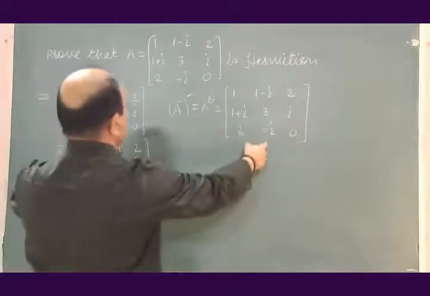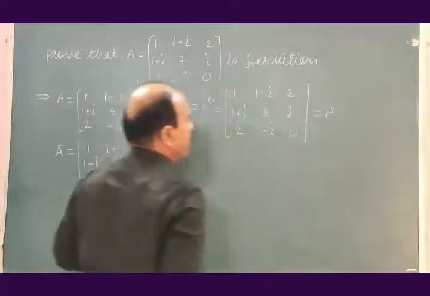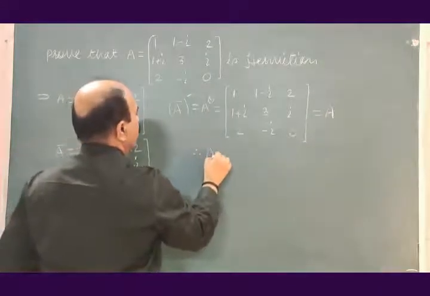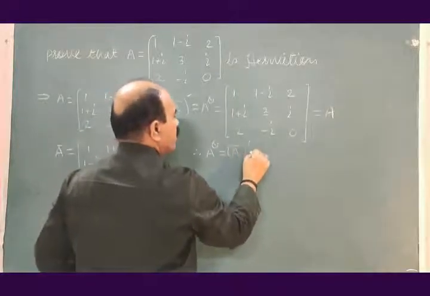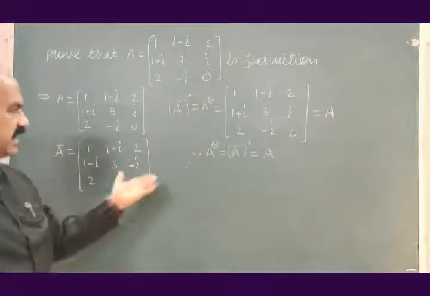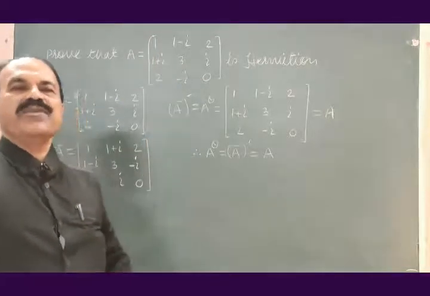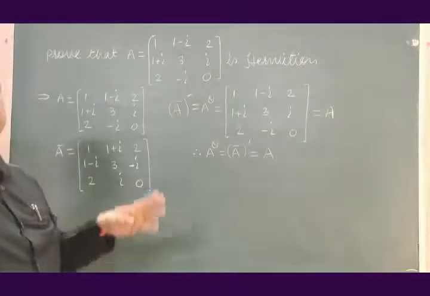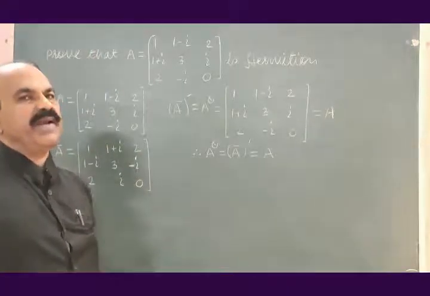It means that this is nothing but matrix A. As this is matrix A, therefore A theta, the transpose of conjugate of A, is A itself. As this is true, the given matrix is Hermitian matrix. It is proved from this solution that the given matrix A is Hermitian matrix.